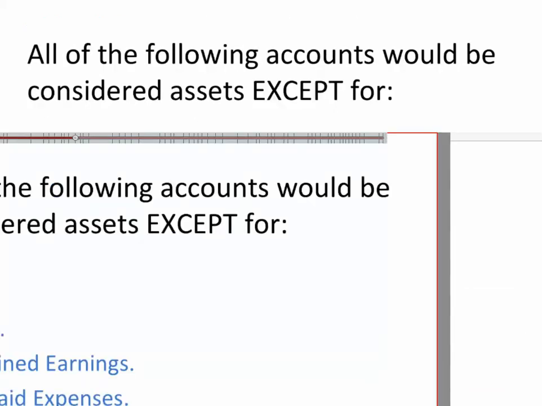Okay? Now, another one. All of the following accounts would be considered assets except for A, cash, B, retained earnings, C, prepaid expenses, or D, notes receivable.